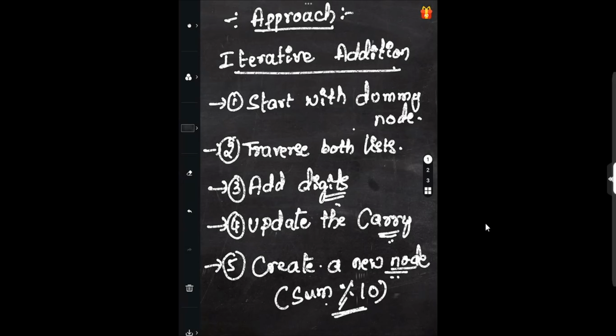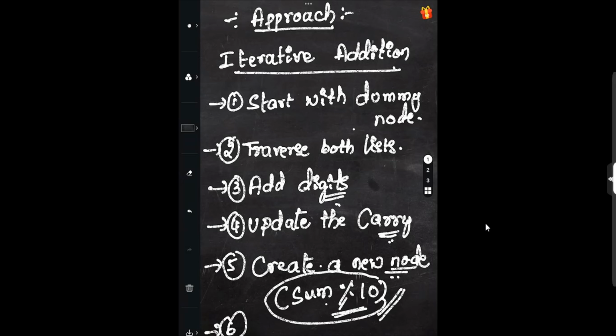Appending means adding the new node. Append is nothing but adding a new node with the value of sum modulo 10 to the resultant list. This is the important thing. That's what we are doing in the fifth step.